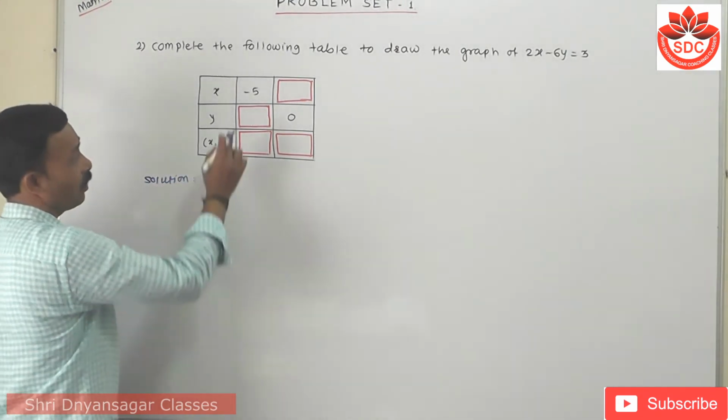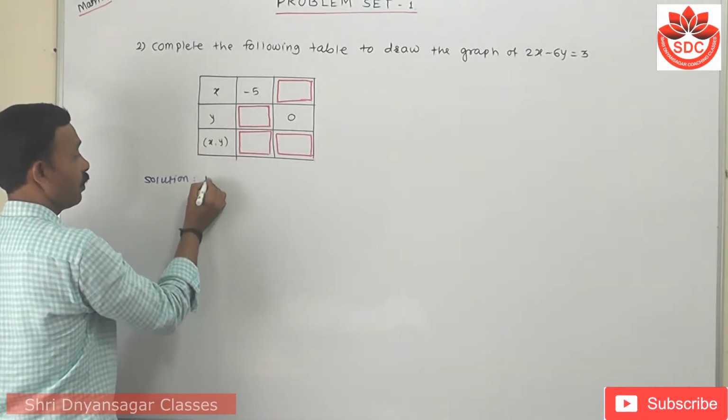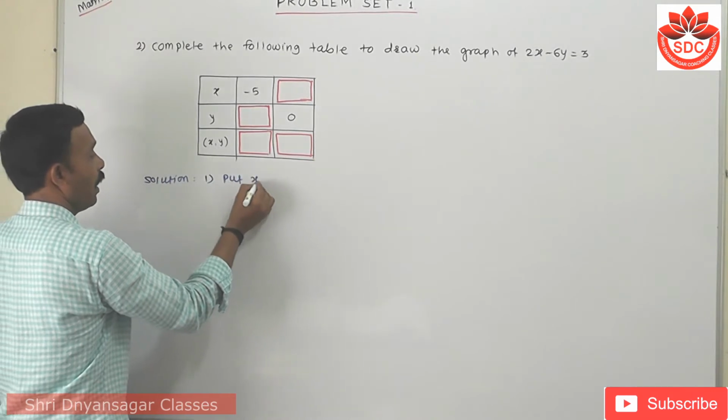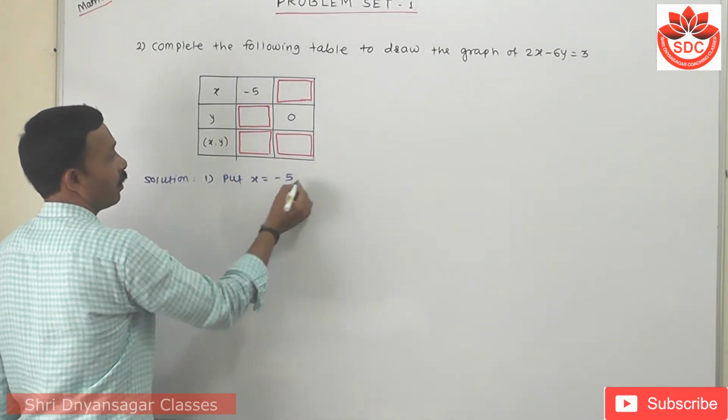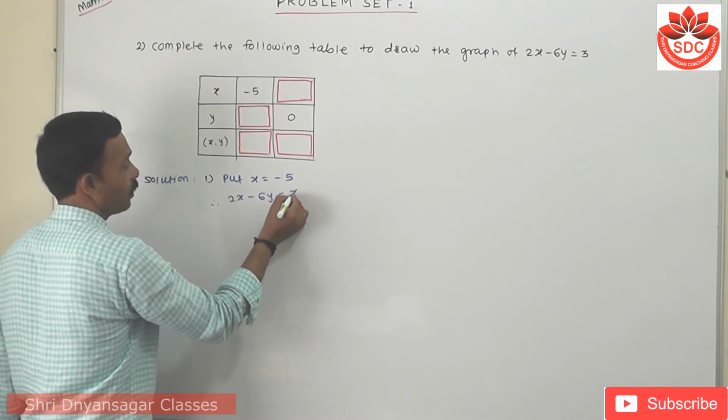First you have to substitute the value of x as minus 5 into this equation. So put x is equal to minus 5. The equation is 2x minus 6y is equal to 3.